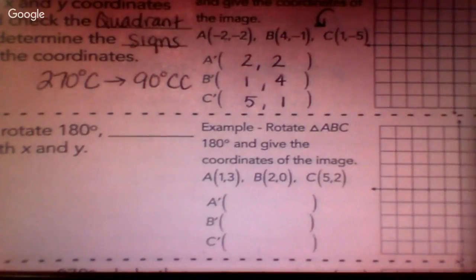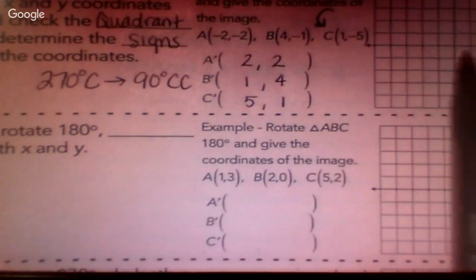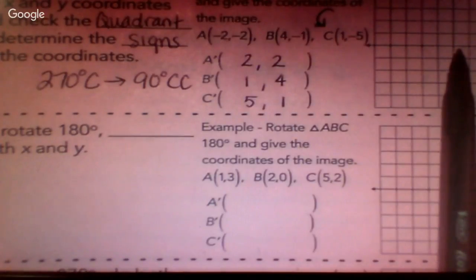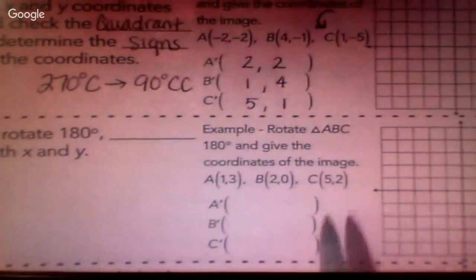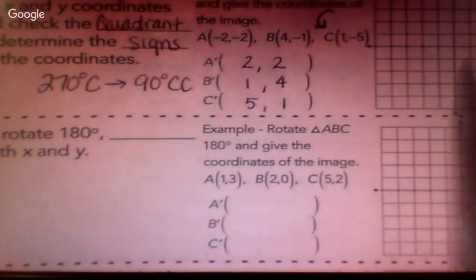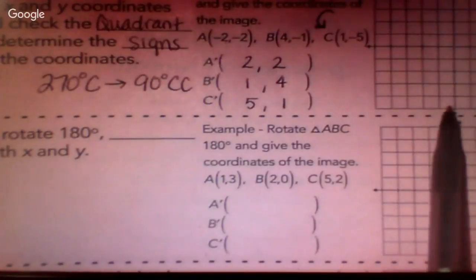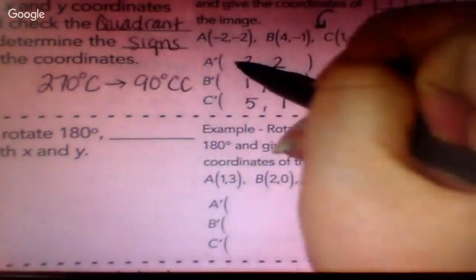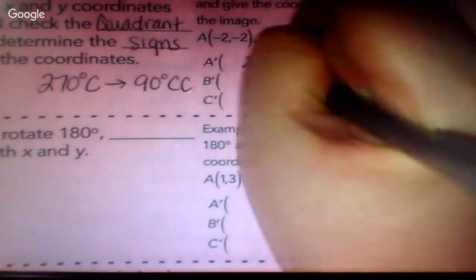If I'm in quadrant 4, my X values are what? It's positive. My X values are positive. My Y values are negative. So this needs to be positive, negative.